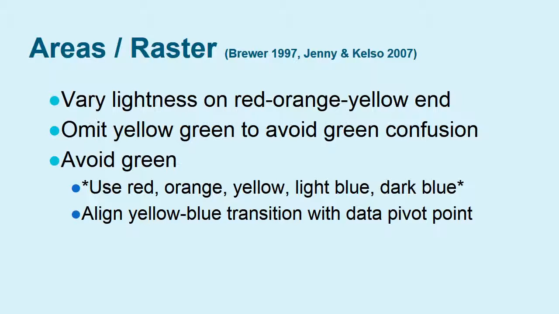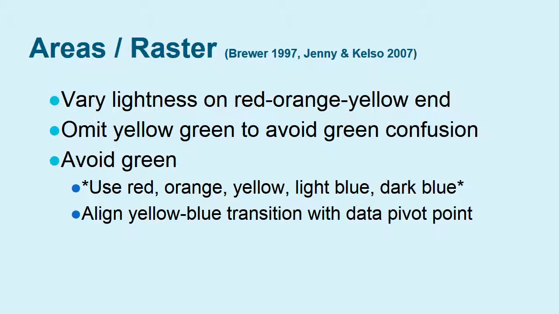So their recommendations are use a red, orange, yellow, light blue, dark blue. And what Jenny and Kelso are also recommending is if you can align your data so that the pivot point of the data is at the yellow-blue transition, that will work really well. So a red, orange, yellow, light blue, dark blue range.